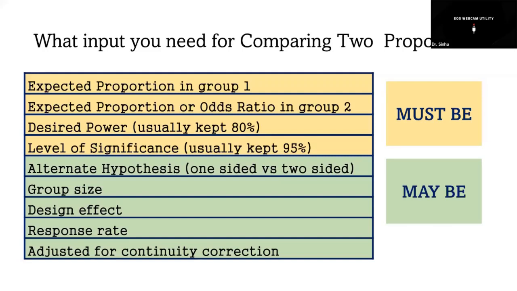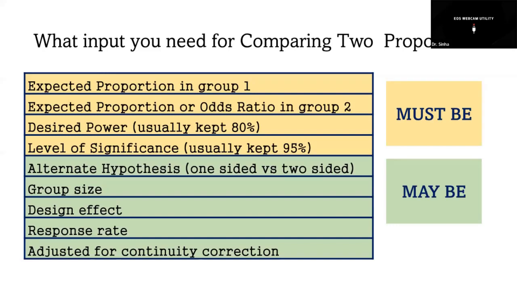A two-sided hypothesis means you say that the mortality in male can be higher or lower than female. This is two-sided. For a one-sided hypothesis, you can say that mortality will always be higher in male. So generally, we always take a two-sided hypothesis. The only difference is that with a two-sided hypothesis, the calculated sample size is a bit higher as compared to the one-sided hypothesis.